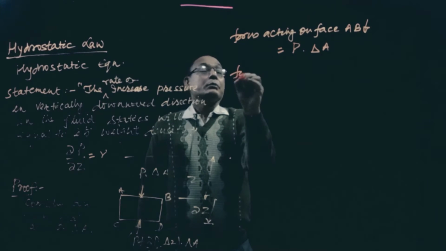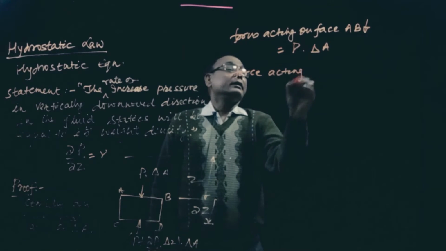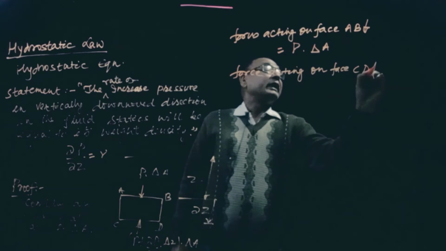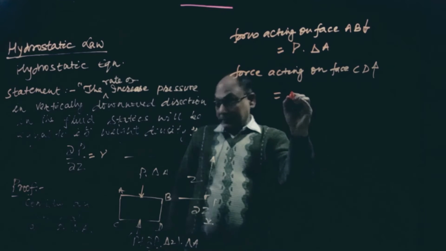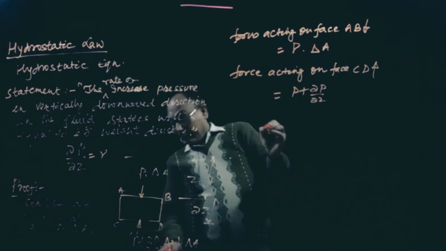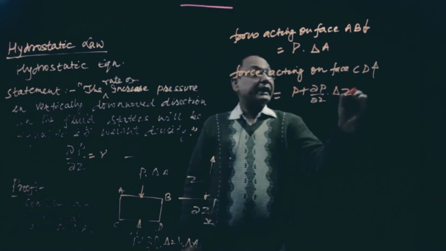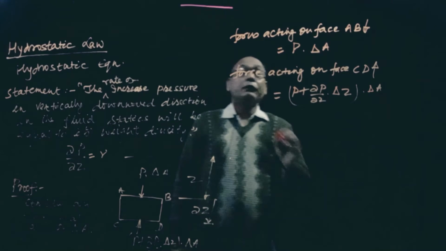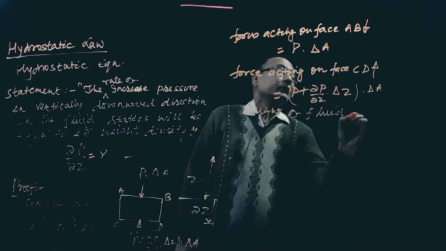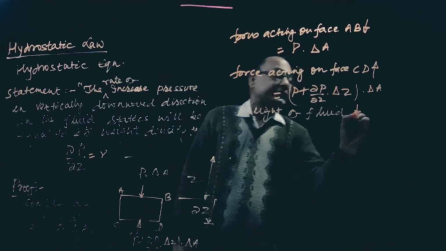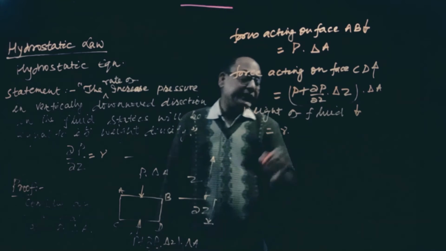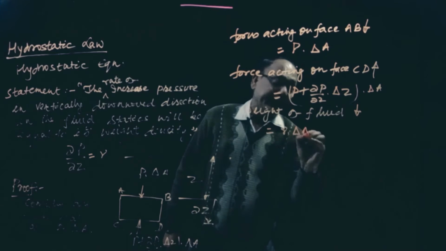The force acting on face CD vertically upward will be P plus del P by del Z into delta Z into delta A. The weight of the fluid is also acting in the downward direction, which is weight density, in Newton per meter cube, into delta A into delta Z.